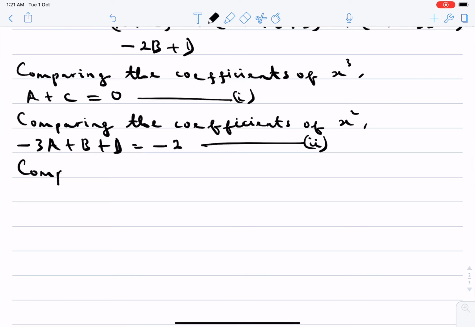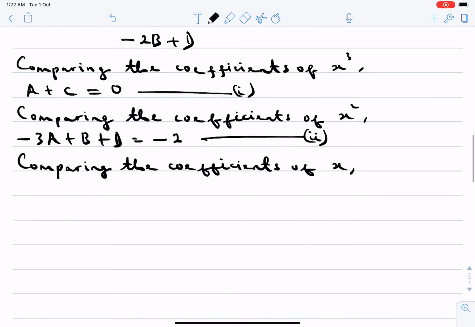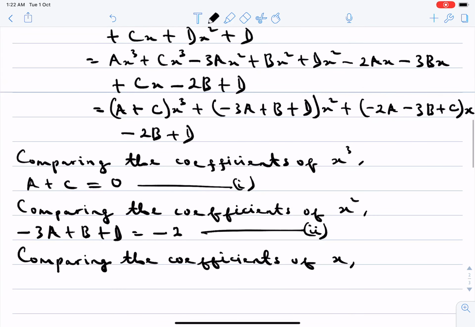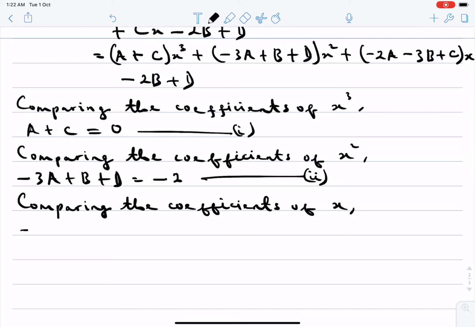Comparing the coefficients of x. On the right hand side, the coefficient of x is minus 2a minus 3b plus c.